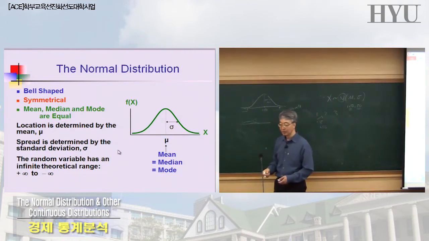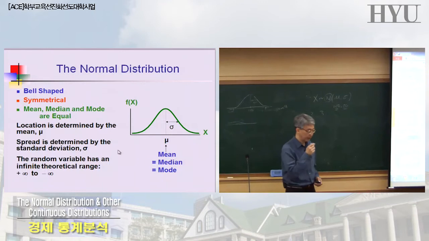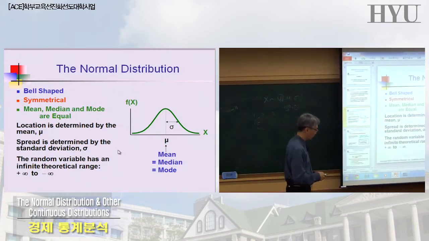It's extremely unlikely, but you cannot eliminate the possibility. You cannot ignore the possibility. So make sure you understand that we have an unlimited, infinite range.